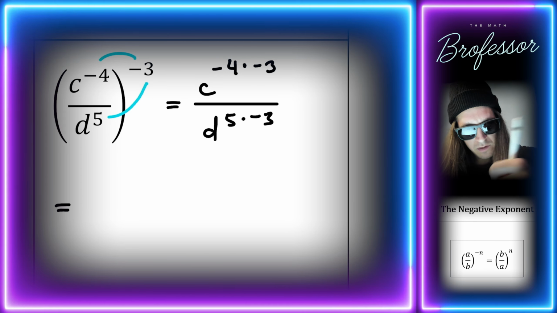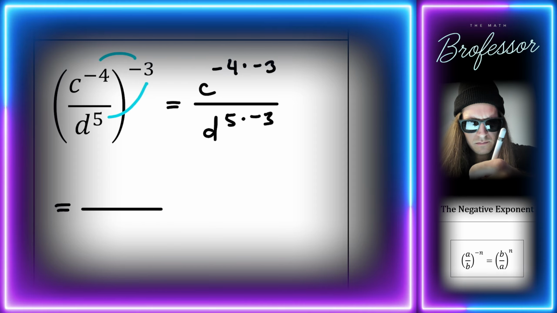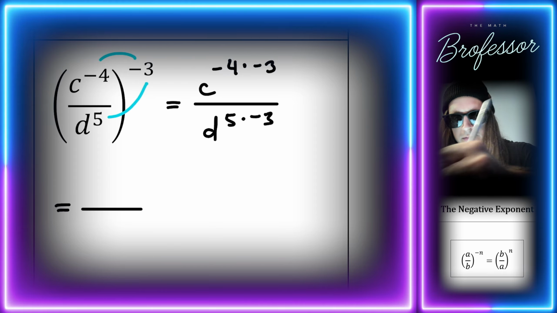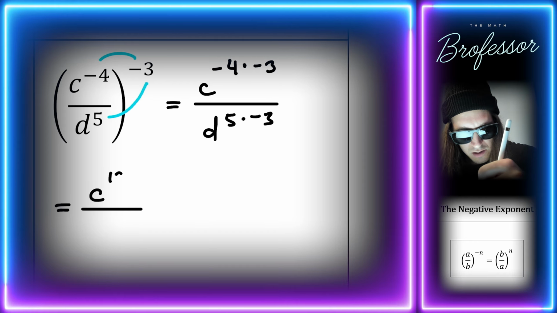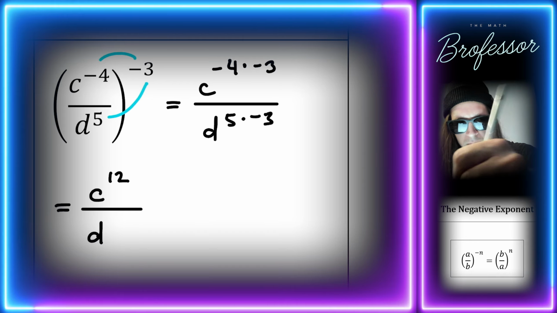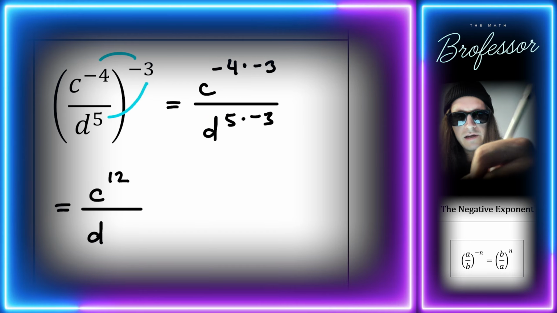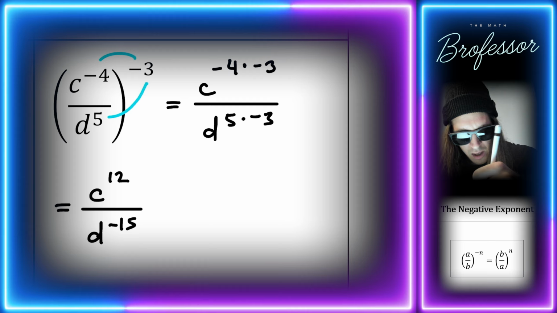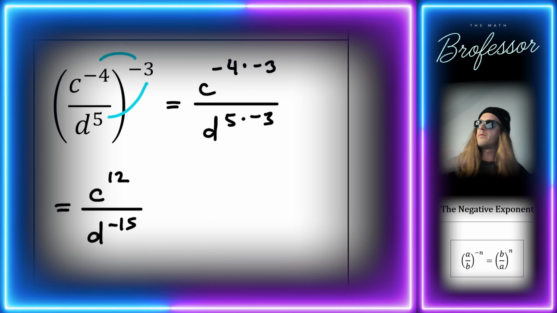All right. -4 times -3. Right, that's a negative times a negative, gives you a +12. But what about the d? We had a 5 times -3. That is a -15. So actually what I have, my third property below me right now, is not the way we did this problem.